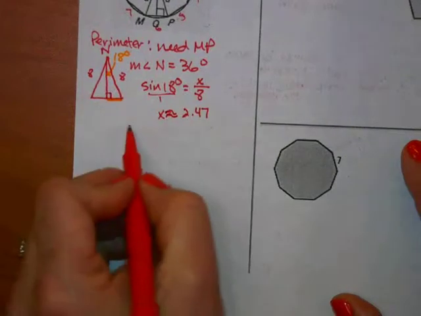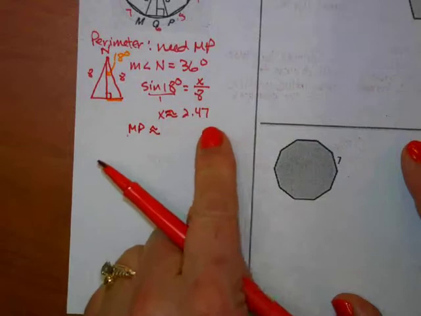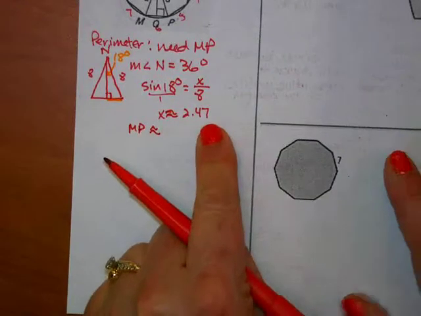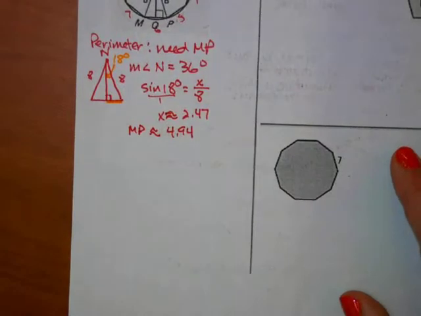But then I need MP to get the perimeter, so that's double that. That's double that, which would be about 4.94. So one side length of my decagon is 4.94. So how do I get the perimeter?